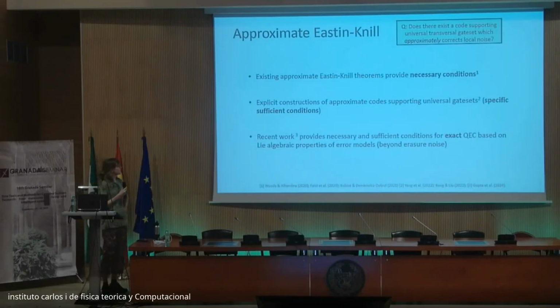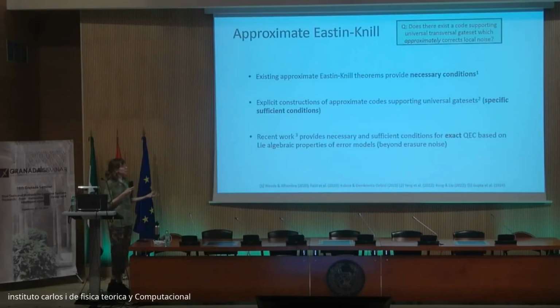There are also some works that have provided explicit constructions of approximate codes which support universal transversal gate sets, and all kinds of families of codes, and each of these provides a specific sufficient condition for this problem.